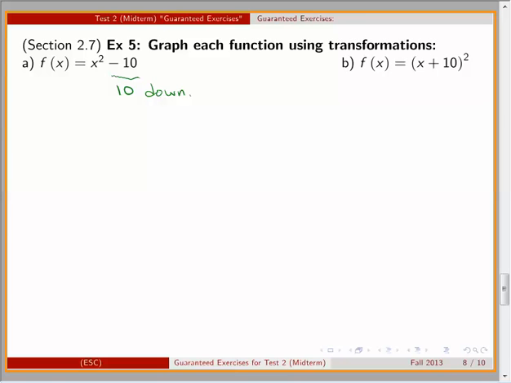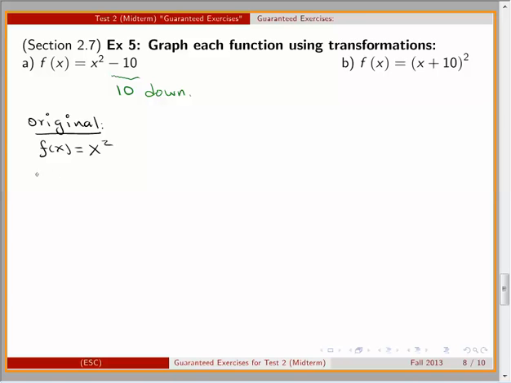And so if you were to cover this negative 10, the idea is when you're doing transformations, the original function is the function that you obtain by ignoring the numbers. Just keeping the x, you can see that the original function is x squared.